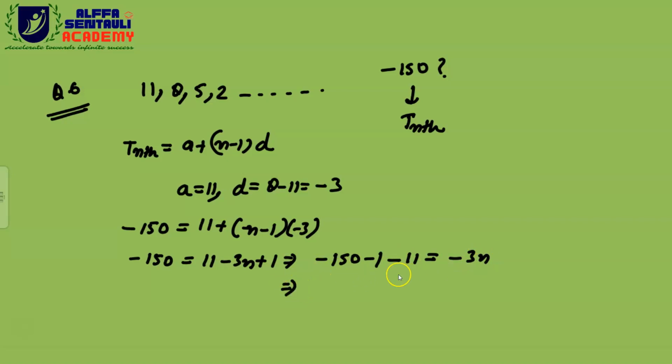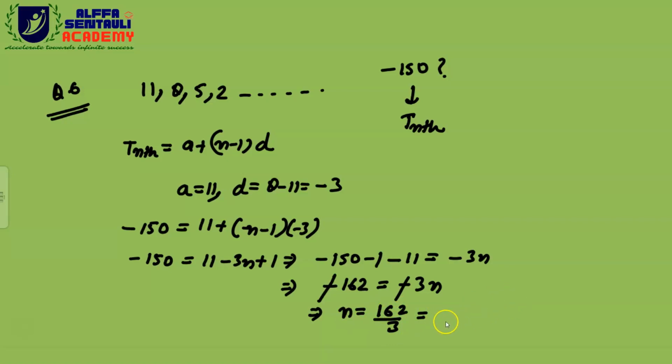So let us add all the minus terms. 150 plus 11 is what? 161, and 161 plus 1 will be minus 162, correct? Minus 3n. So this minus and minus will get cancelled out from both sides. So you will get n is what? 162 divided by 3.